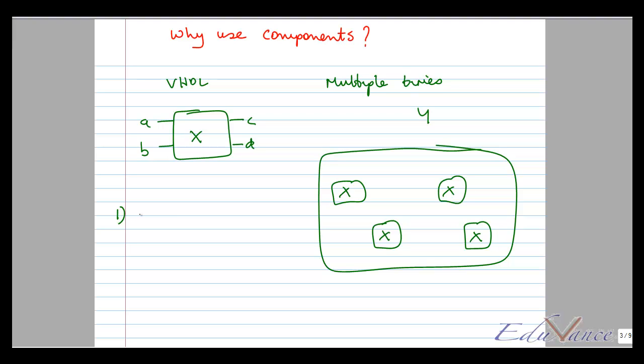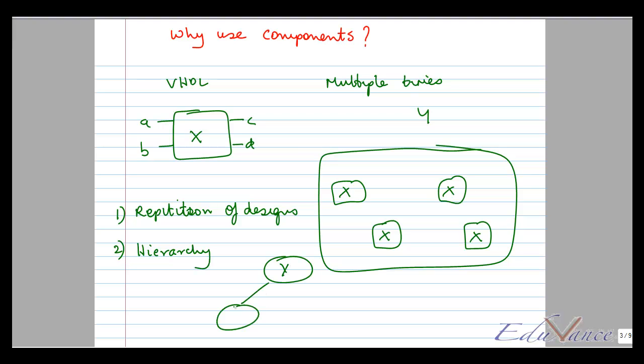So if there is repetition of designs, if you would like to build a hierarchy, so if you have design Y which comprises of many designs X, this would be a hierarchy.